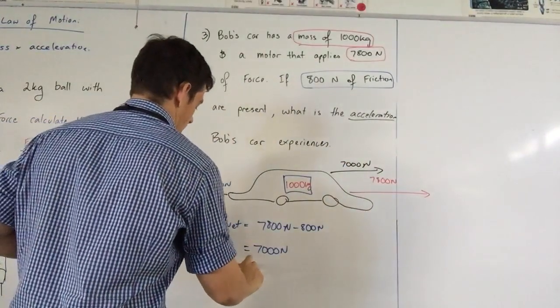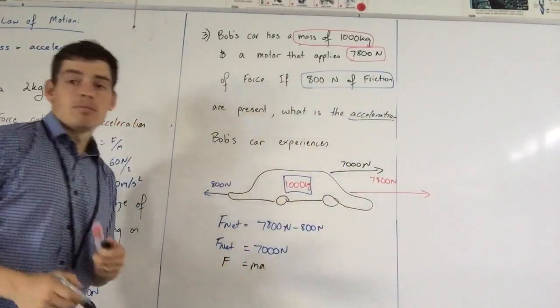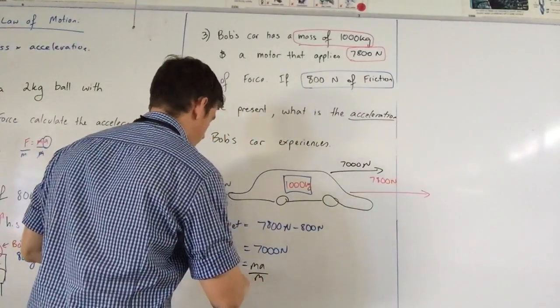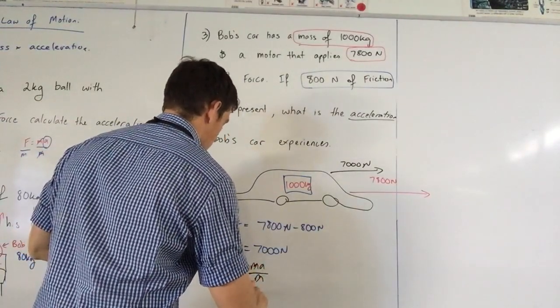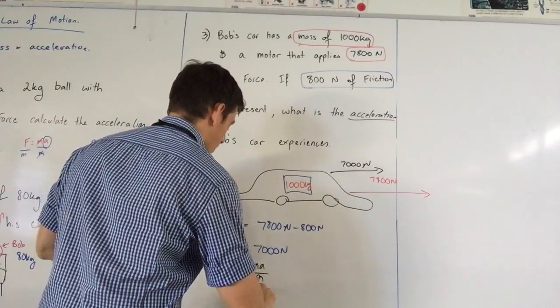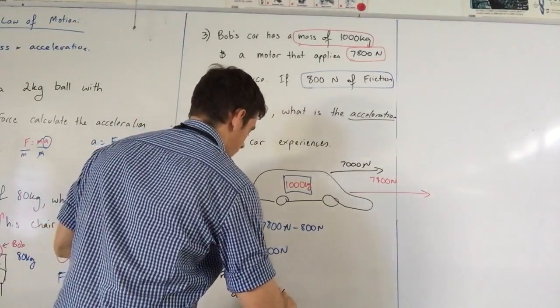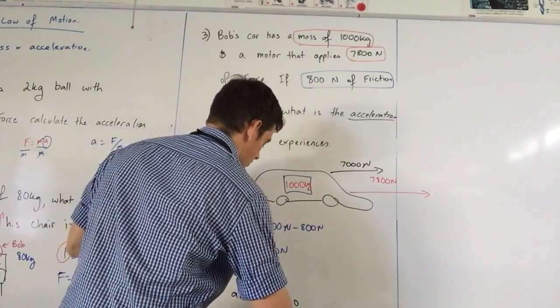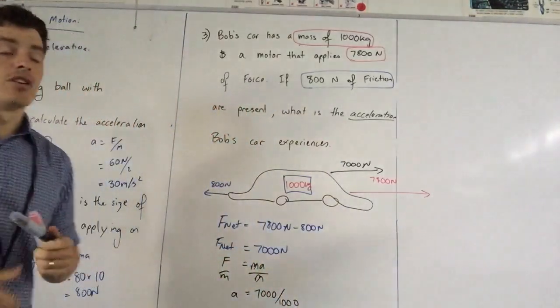F equals ma. I'm now looking for my acceleration, so I divide both sides by m. The m's cancel. I've got a equals F, which is 7,000, divided by 1,000, which equals 7 meters per second squared. Now, for those of us that were in tune with our math class before, we were talking about assumptions.